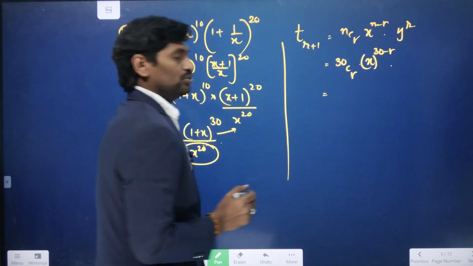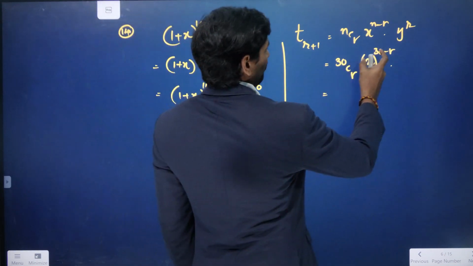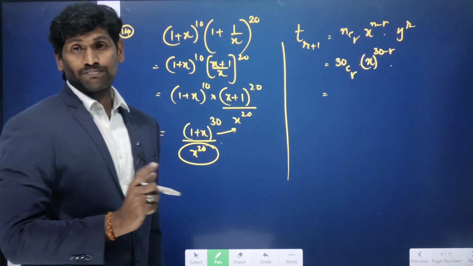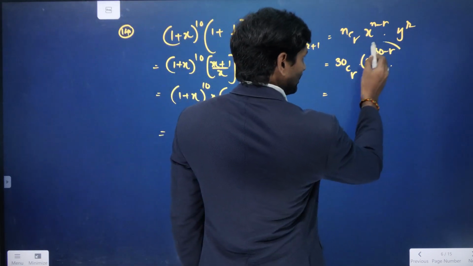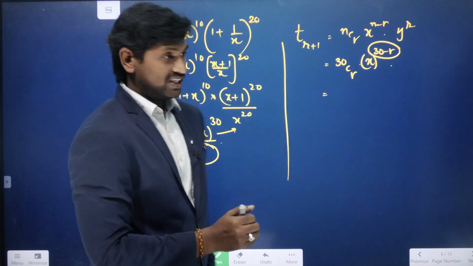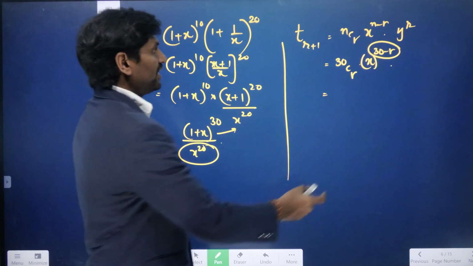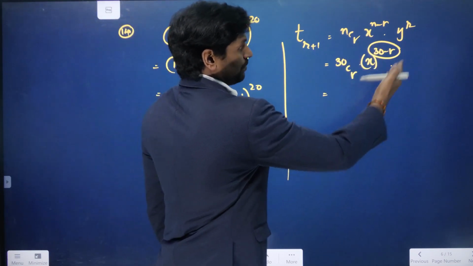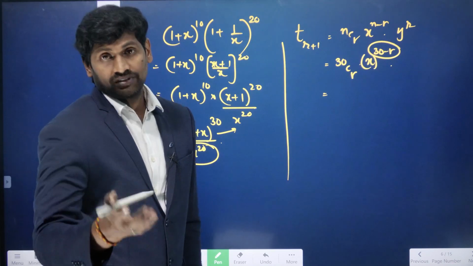We need to find x power 5 coefficient. That means this must be x power 25, because we already have the denominator x power 20. If you take x power 25, then x power 25 by x power 20 will remain x power 5, and we get that coefficient.